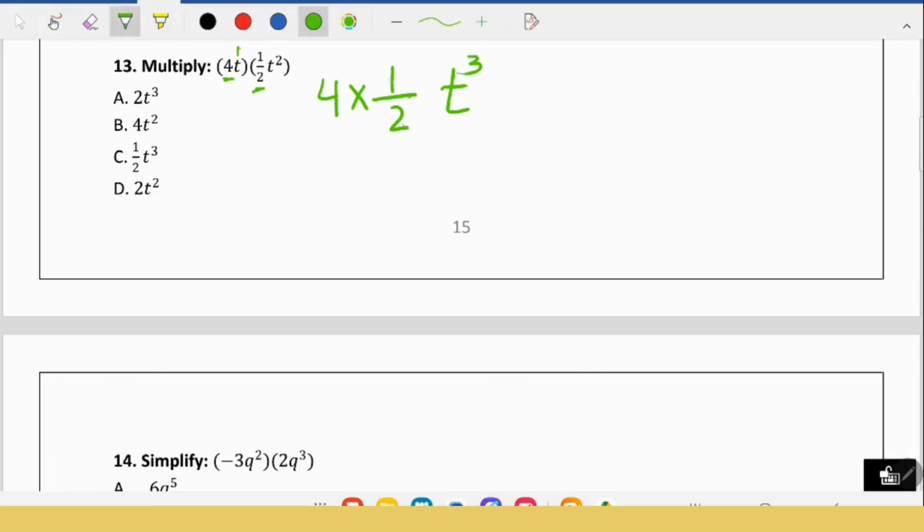This will become 4 over 2t cube, which could be further simplified as 2. This is 2t cube. I have to check my answer, 2t cube, which is option A. In this option, we can see that the answer is simplified, while in our previous questions, the fractions were not simplified, they were just multiplied.